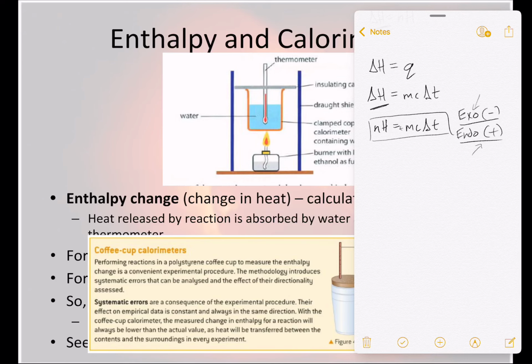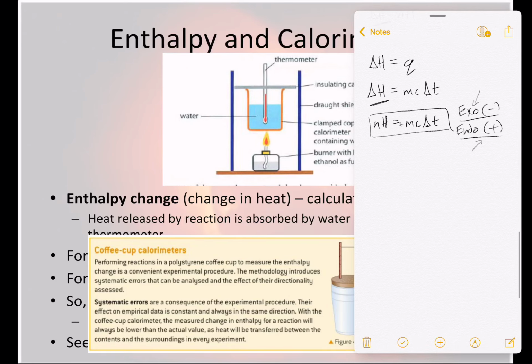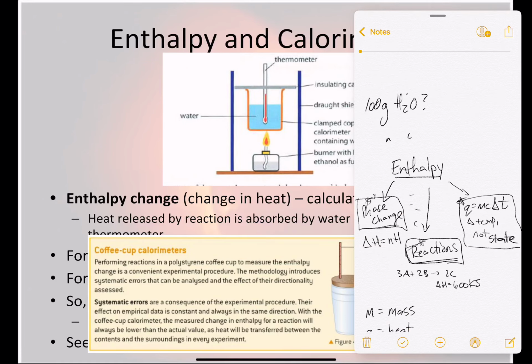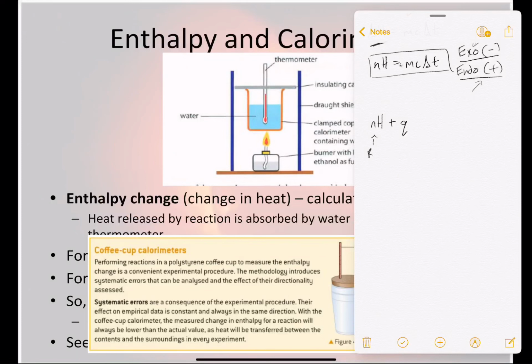Now, to think a little more intensely about this, we know that in a system, the enthalpy of the reaction must be equal and opposite of whatever this heat value is, right?